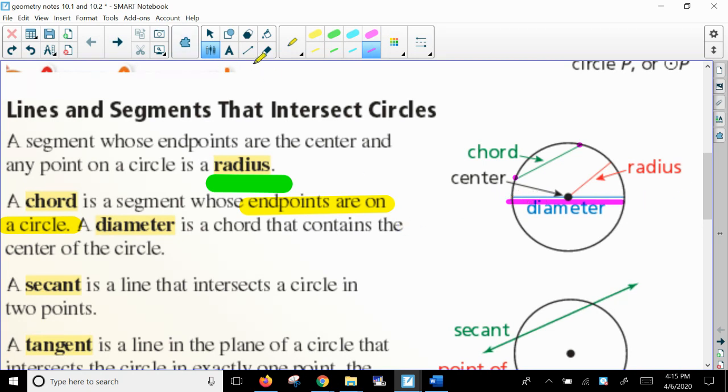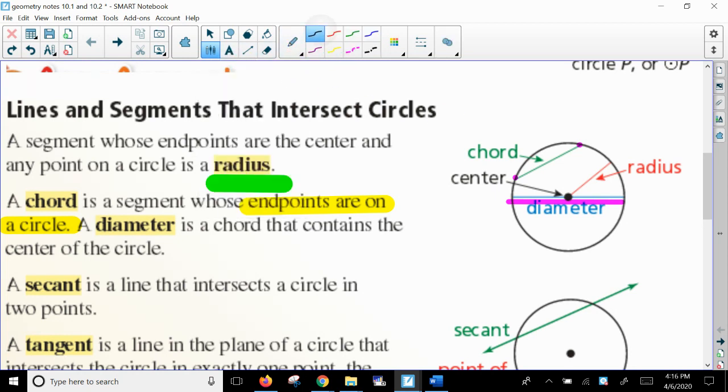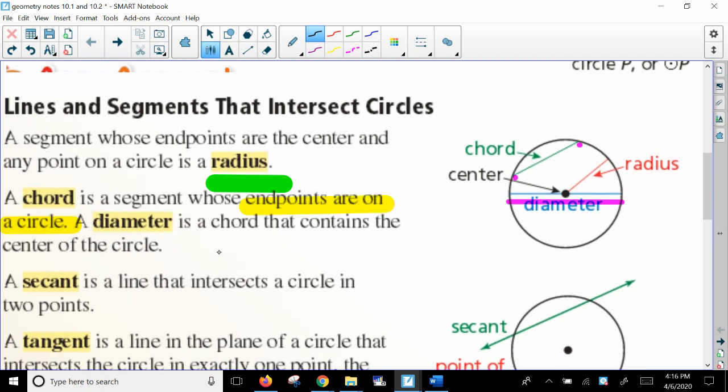You also should notice that the diameter is made up of two radii. Well, actually, the plural for radius is radii. Okay, radiuses, that doesn't sound right. So, anywho, two radii together gives you one diameter. So let me write that in for you because that's a good thing to take note of. So, diameter.